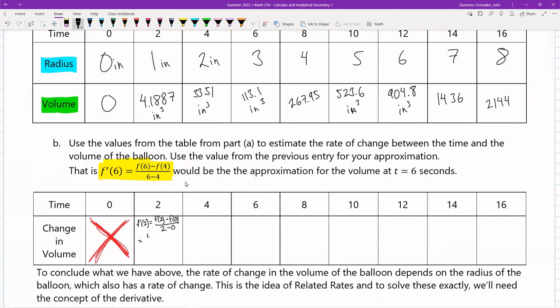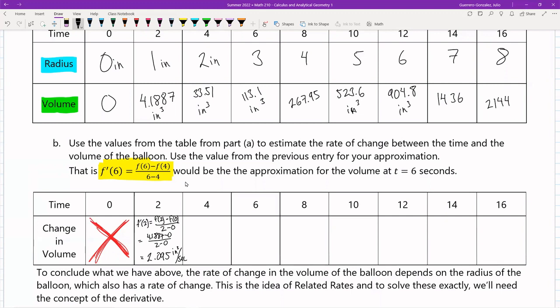This is going to be 4.1887 minus 0 all over 2 minus 0. And this gives us 2.095. Okay, and these are the units. We're looking at a change in volume, right? So this is in inches cubed per second.